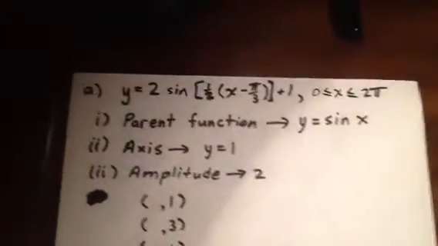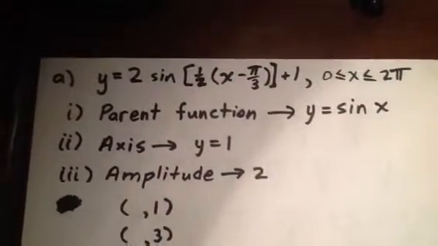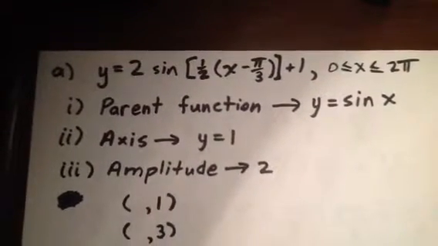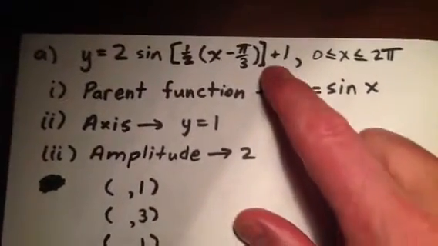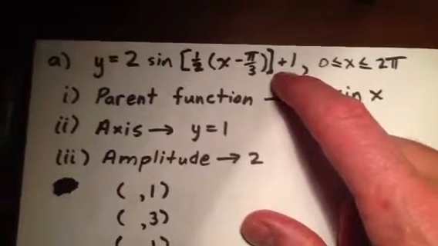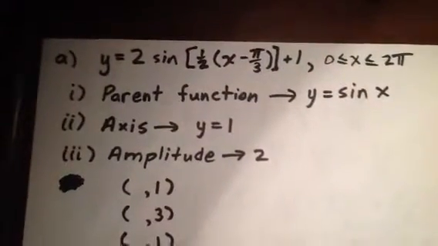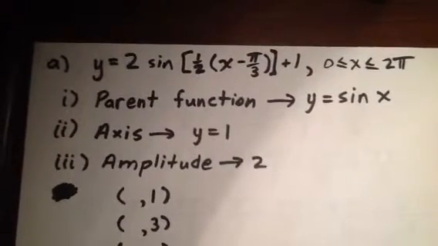So, the first thing we do, after deciding what our parent function is, is we say that the axis is at y equals 1. Now, how did we get that? Well, the axis is a horizontal line, and the y value of that horizontal line is given by the c value, which in this case is 1. That's the vertical displacement.